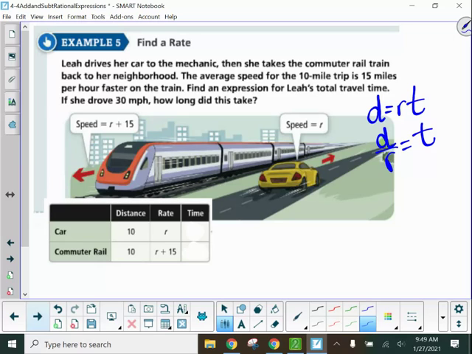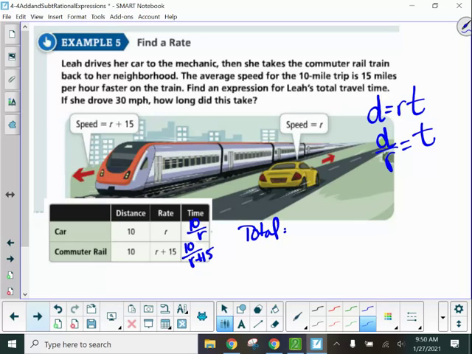So if I find expressions for my time, the car, if it traveled a distance of 10 miles at a rate of R, my time is going to be 10 divided by R. The commuter rail traveled the same distance, but its rate was R plus 15, so that's going to be 10 over R plus 15.